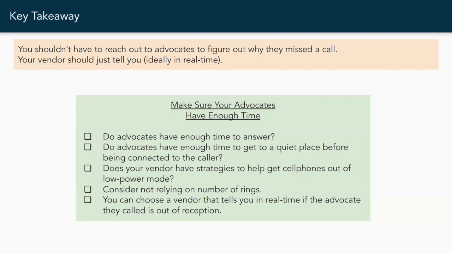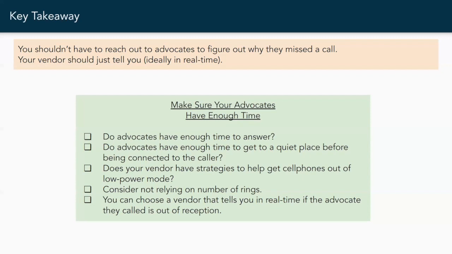Next is, does your vendor have some kind of strategy to avoid this low reception issue that we just went over? Do they have some kind of strategy to help get cell phones out of low power mode? And then finally, a number of agencies have shared with us that the number of rings option their vendor provides doesn't work as expected, so consider not relying on number of rings.